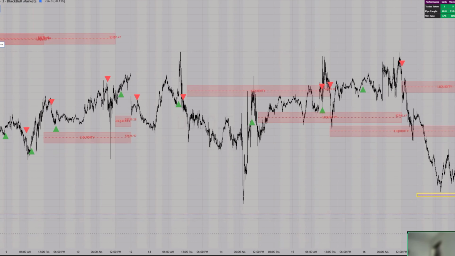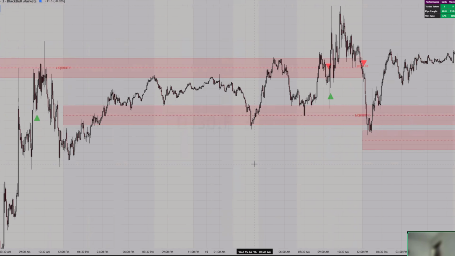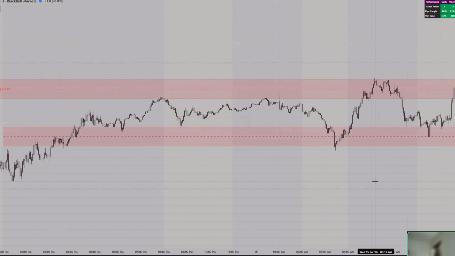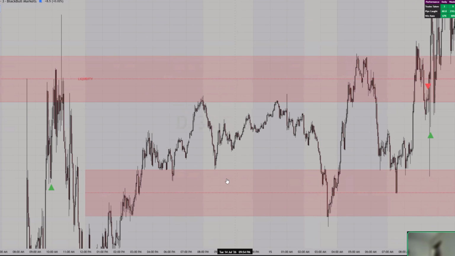But what we can do as well is take advantage of these sells and buys if we understand market flow. So in this scenario, we have 2 areas of liquidity, right? We have above and below. If we have liquidity above and we get an indication to get into a buy position, we can buy targeting the liquidity above, and vice versa.